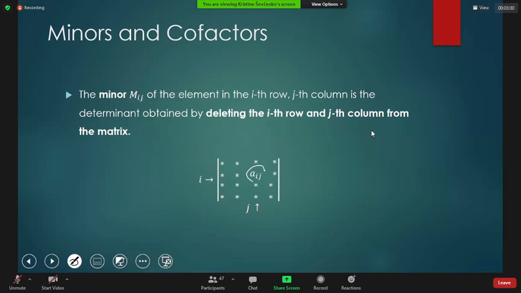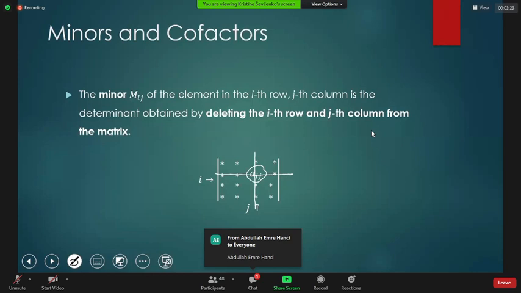So this element is row number i, in this case it looks like 2, and column number j, that is, looks like 3. So what we do is we cross out that row and that column. If in the beginning we had a determinant of size 4 by 4, now we have a determinant of size 3 by 3.